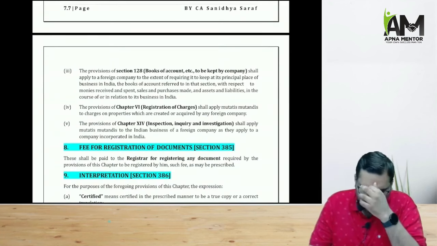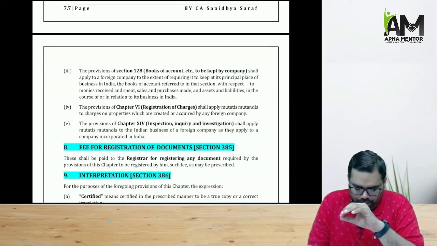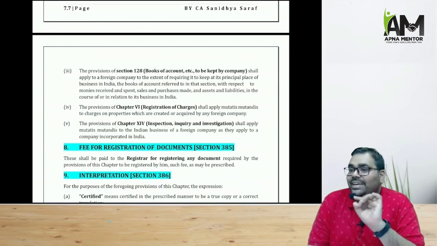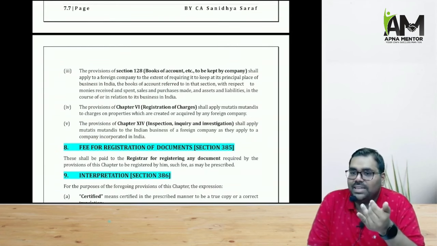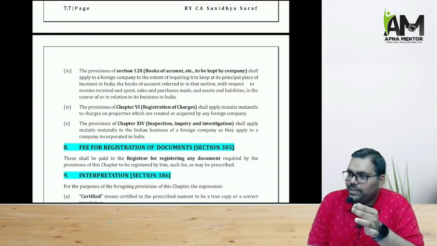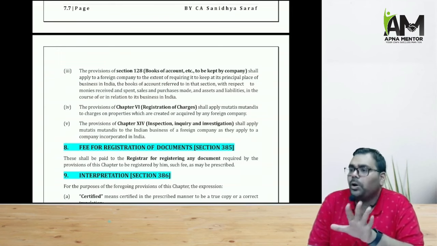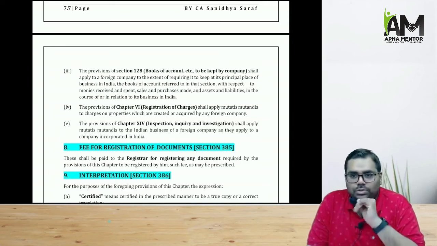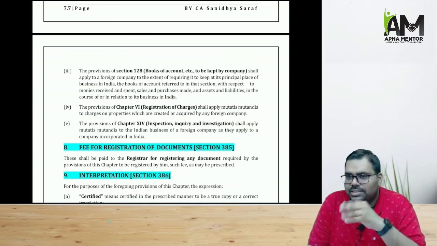Right. Then what happens is, whenever the Indian company creates any charge on its property, it has to inform the ROC. There is a chapter for that. We'll study later.